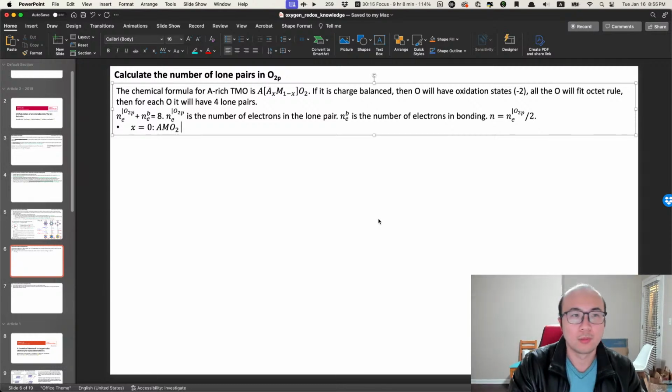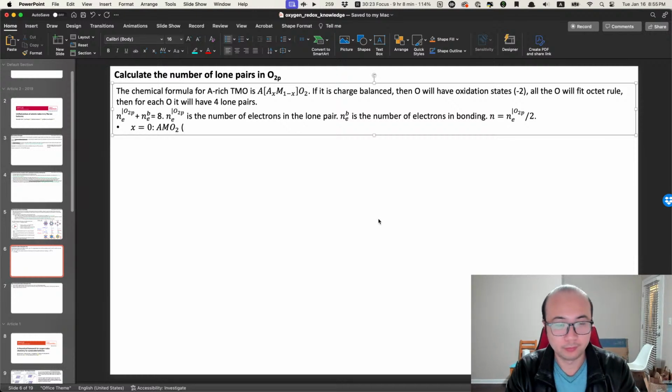Okay, let's assume M is +3. When x equals 0, let's assume this is our example. This one.